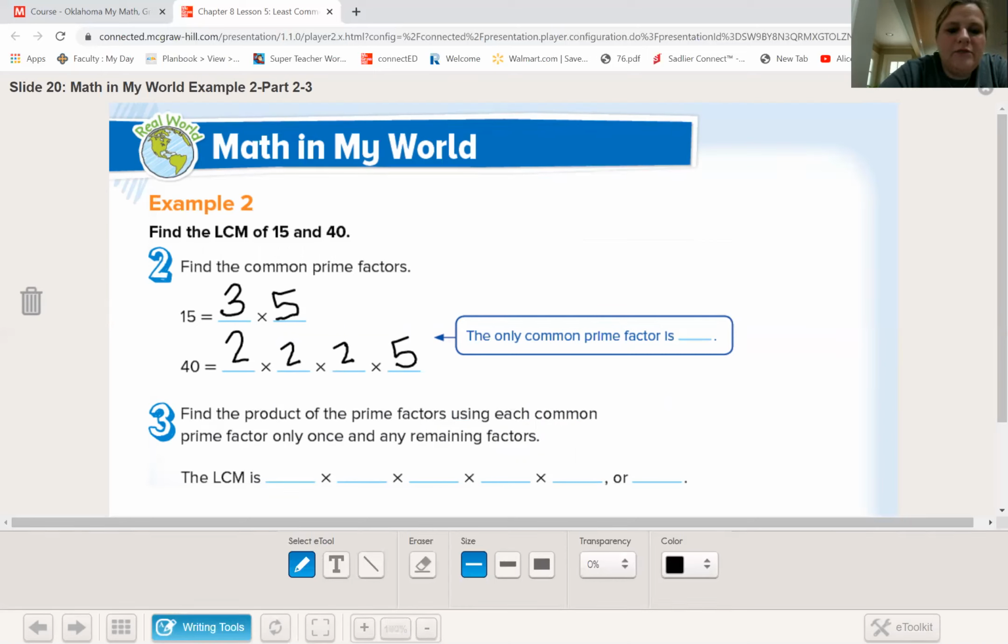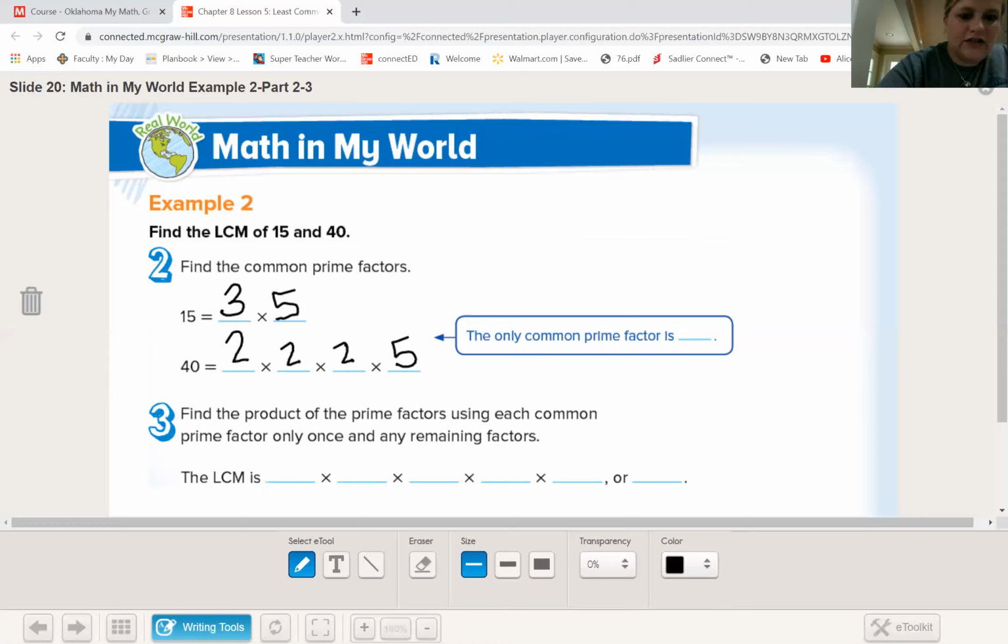And then we find the product of the prime factors using each common prime factor only once. Okay. So these both have a 5, so I'm only going to use 5 one time. That's the only thing that they all share.